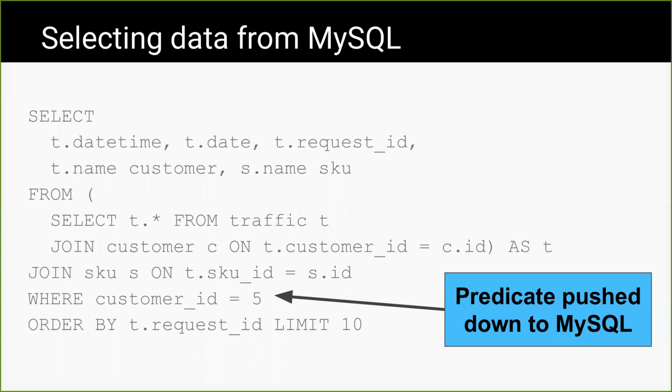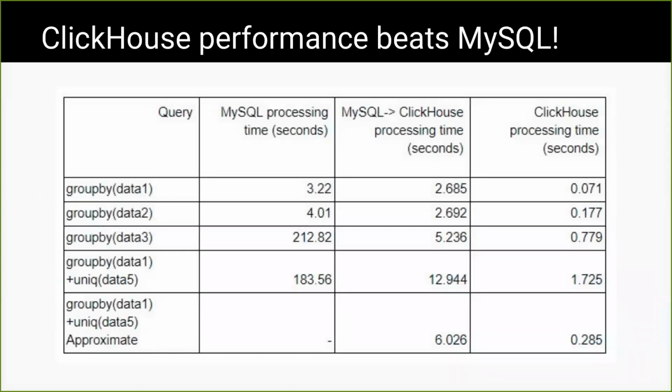There's an even more interesting capability, though, which is quite surprising: for large tables, ClickHouse performance is actually faster than MySQL on data resident in MySQL. These are examples taken from a recent blog article on the Altinity blog.